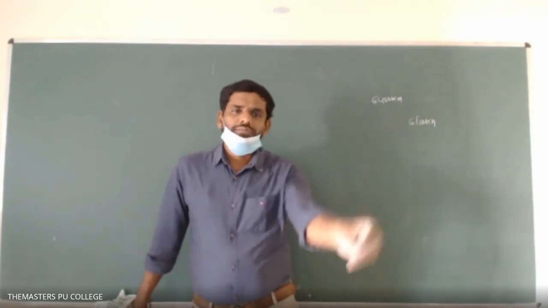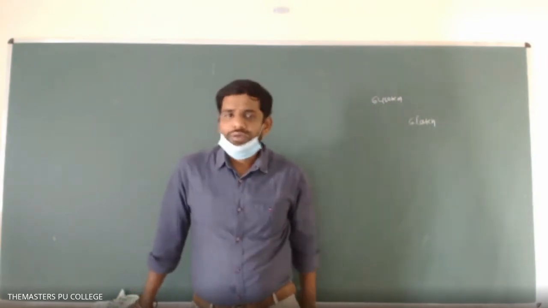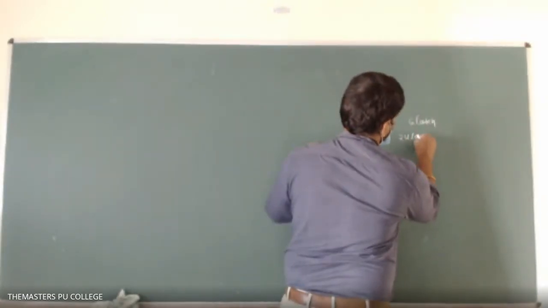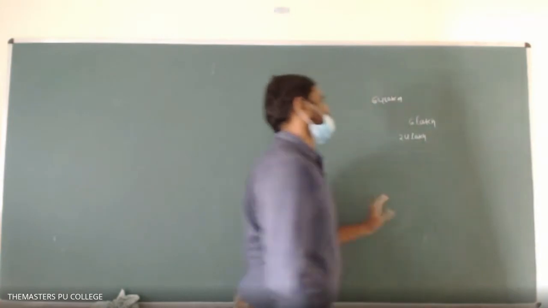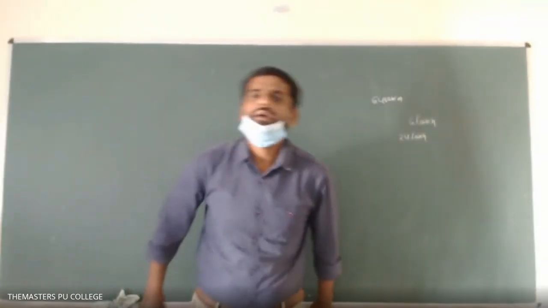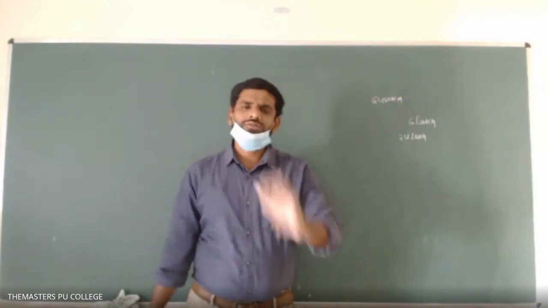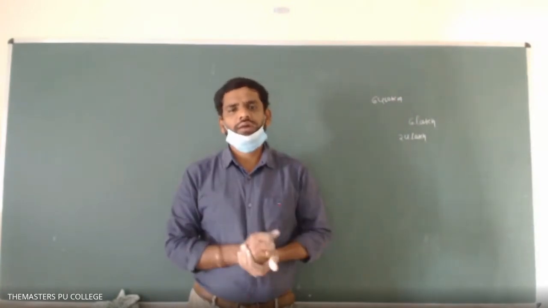What is the temperature near the core of the sun? Near the core of the sun it is about 24 lakh degrees Celsius. And in the universe there are more stars which are bigger than our sun.